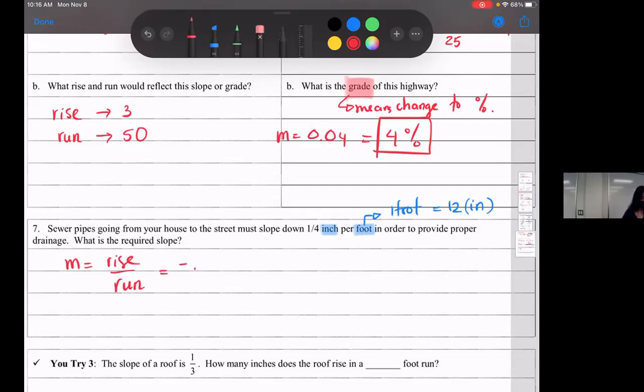Negative 0.24. I'm sorry, 0.25, a quarter. You can leave it at 1/4 if you want, I just like to change it into a quarter. Divided by the run, which will be 12 inches. What do you have? 0.25 divided by 12.